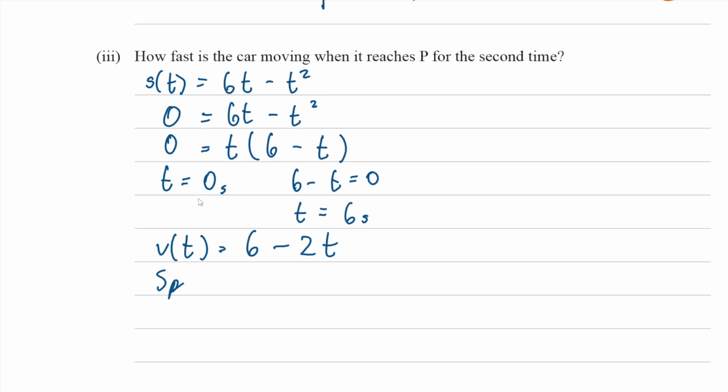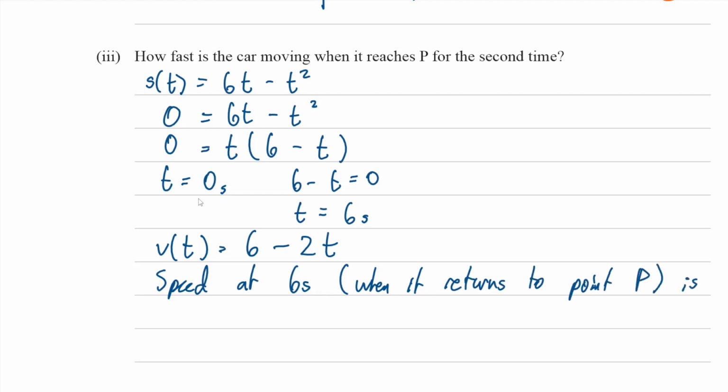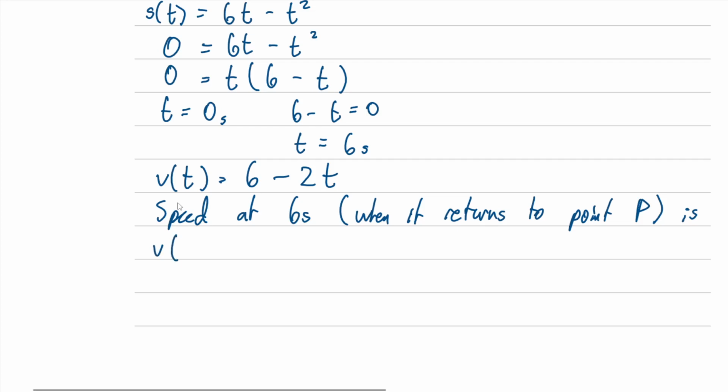So speed at 6 seconds, which is when it returns to point P, is 6 minus 2 times 6, 6 minus 12, so minus 12 meters per second squared. Excuse me, minus 6 meters per second.